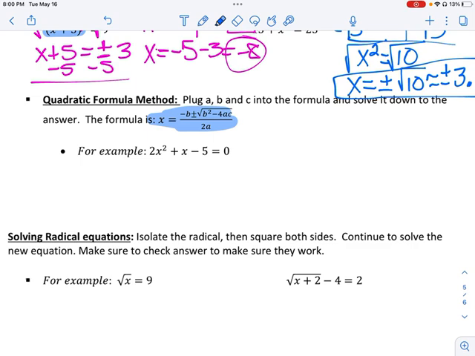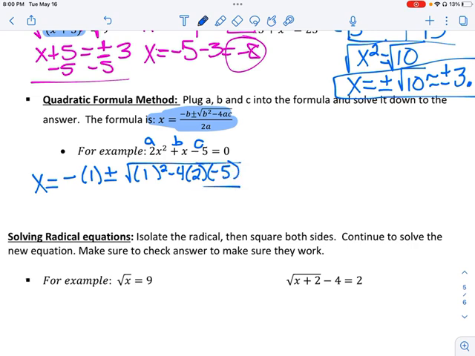Okay, so what you do first is you start off and you say, okay, this is a 2, b is a 1, c is negative 5. So now what we do is take that and simply plug it into that quadratic formula. So I have negative of 1 plus or minus the square root. I have 1 squared minus 4 times 2 times negative 5, all over 2 times 2.